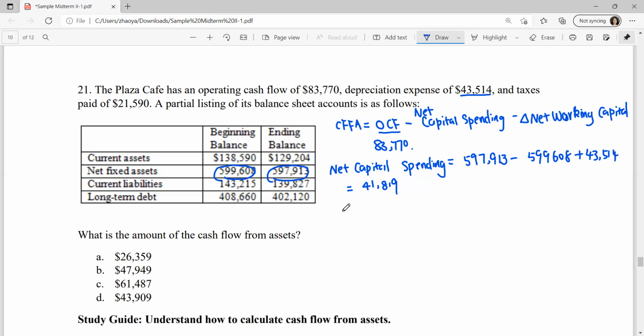And the change in net working capital, we need to find out net working capital for the end balance. It equals current assets minus current liability.